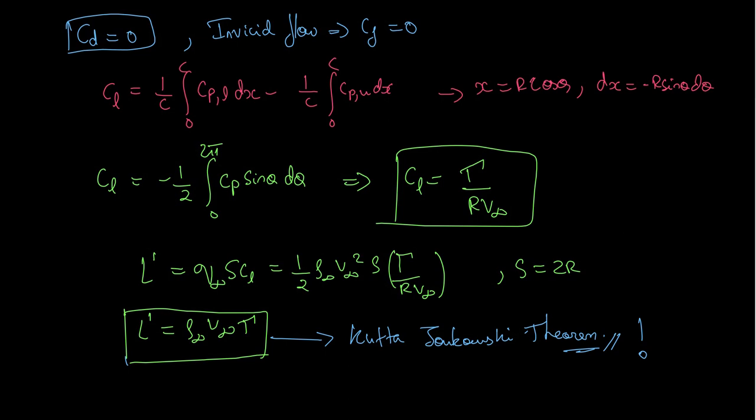We are now free to choose the gamma, and the lift could be anything. This is not practically possible. You cannot have different situations occurring at the same time, right? So we need to have some control over the lift or some control over the circulation to achieve a proper condition, which is actually practically observed when you do an experiment. That restriction is what is given by something called the Kutta condition.